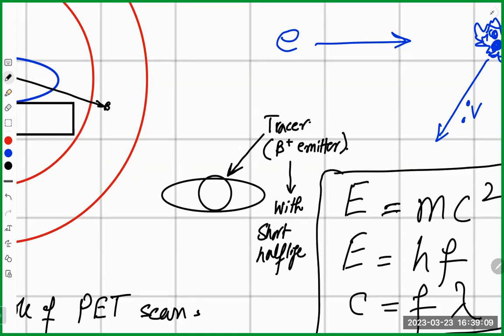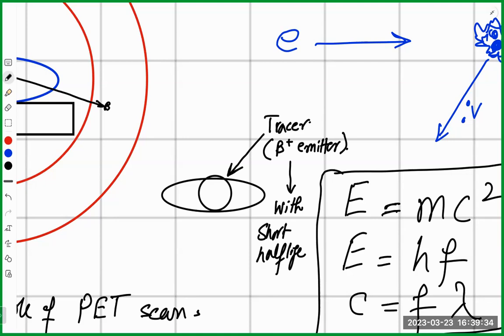Not very short, but a reasonable half-life, which is in hours, you can say. The best is if the half-life is in hours, or in some cases in days, because we want the tracer to be gone from the body as soon as possible.